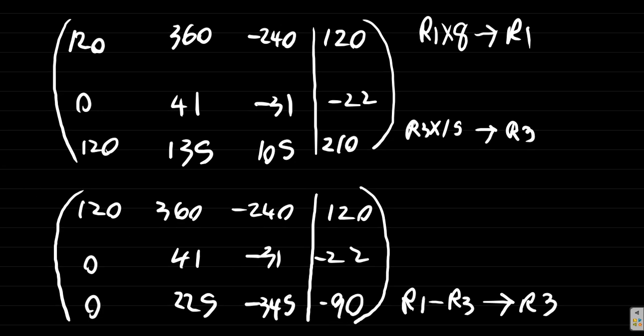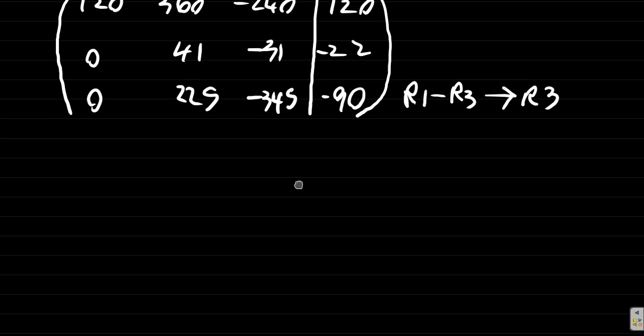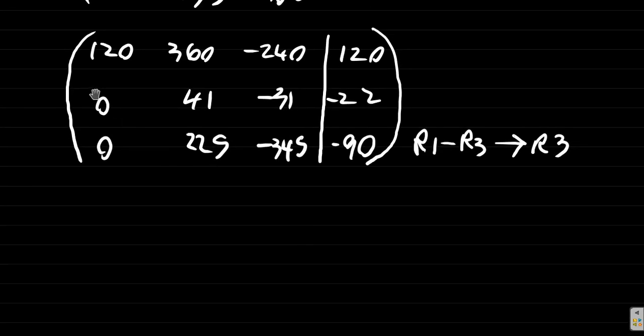See that? Now, it's nice to have this 0 over this 0. Alright? So, what we can do now is work on row 2 and 3.